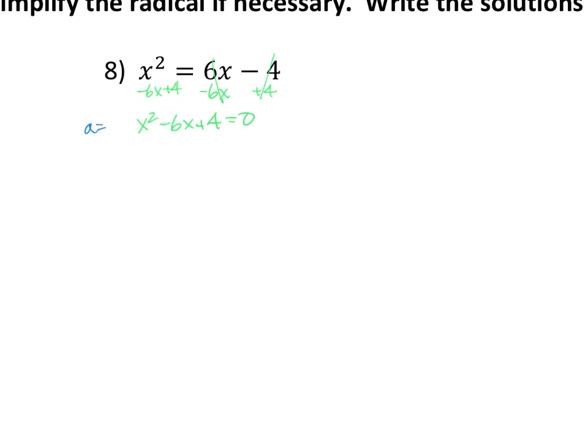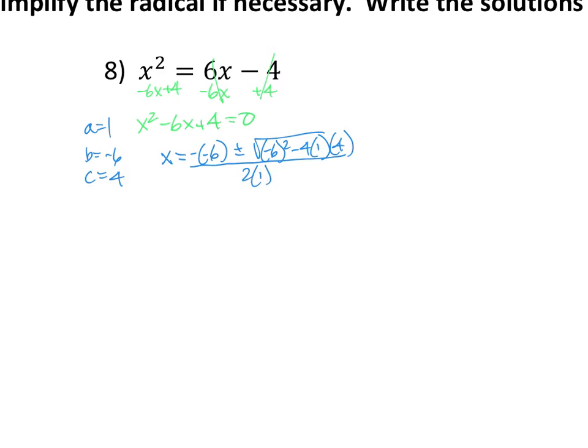Let's identify: a is 1, b is -6, c is 4. So we're going to put that into the quadratic formula. Remember, it's negative b, so you've got a 6 plus or minus the square root of b squared minus 4 times a times c all over 2 times a, which is 1.